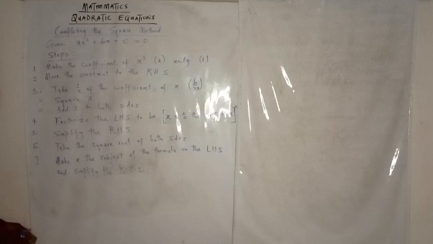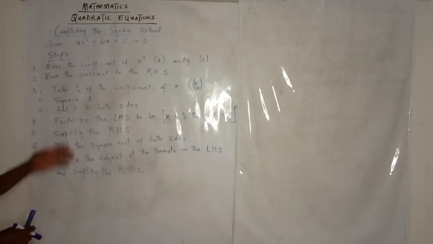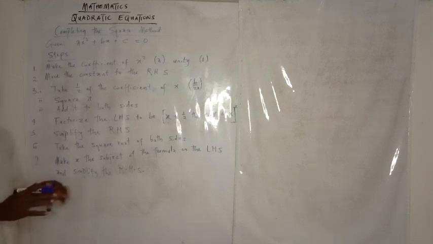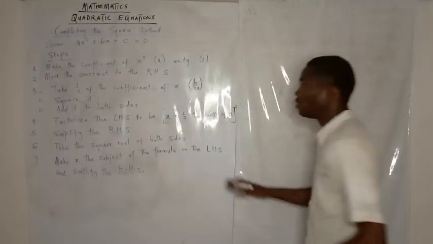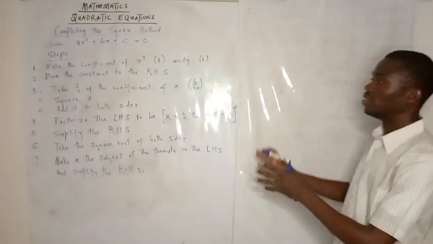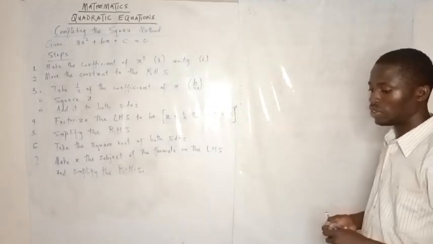So these are my 7 step solution to completing the square method in solving any given quadratic equation. So let's get started. I'm going to leave this part of the board so that we can look at the steps and then we see how we apply these steps.